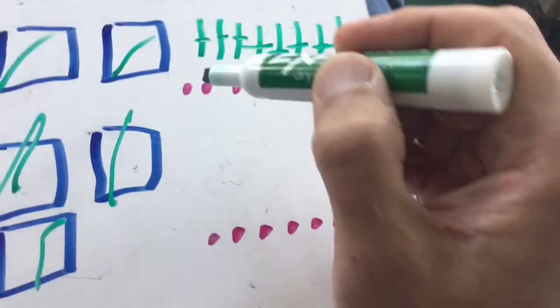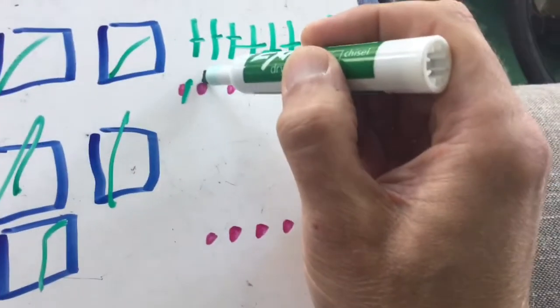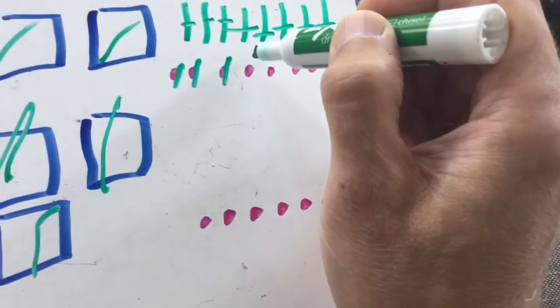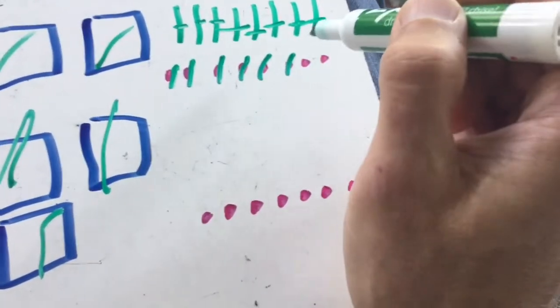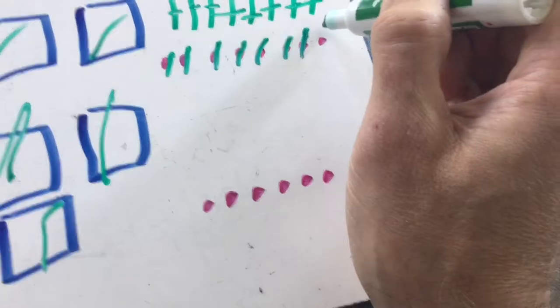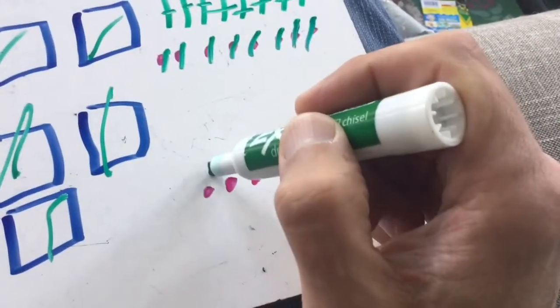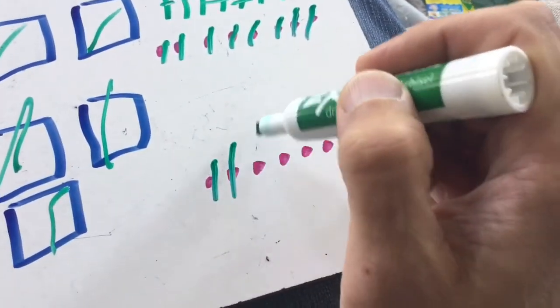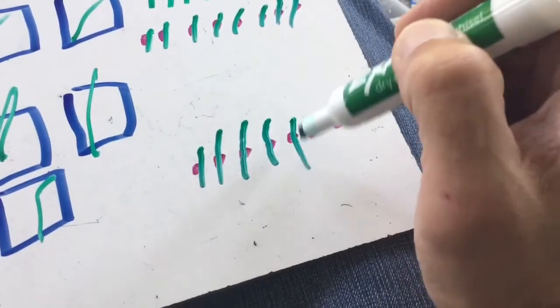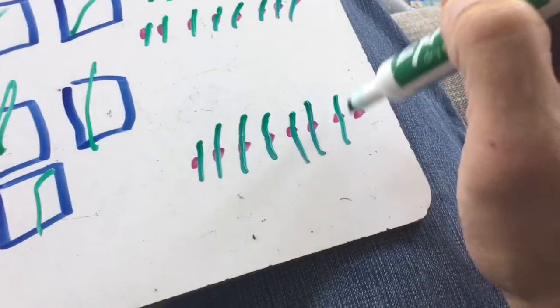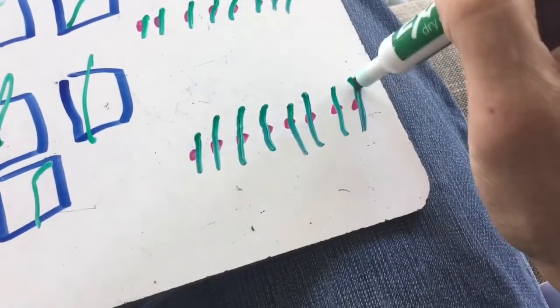Stop. Go to the ones. 581, 582, 583, 584, 585, 586, 587, 588, 589, 590, 591, 592, 593, 594, 595, 596.